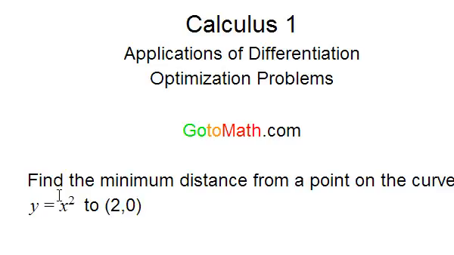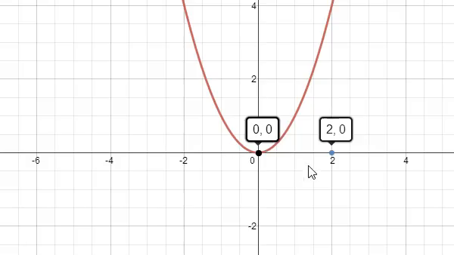Anyway, we want to find the minimum distance from a point on the curve, and this is going to be our curve x squared, to a point in the plane, and that point is going to be on the x-axis, 2, 0. So let's actually look at a picture. We have a point here in the plane, and that point is 2, 0, and then we have our curve, which is x squared.